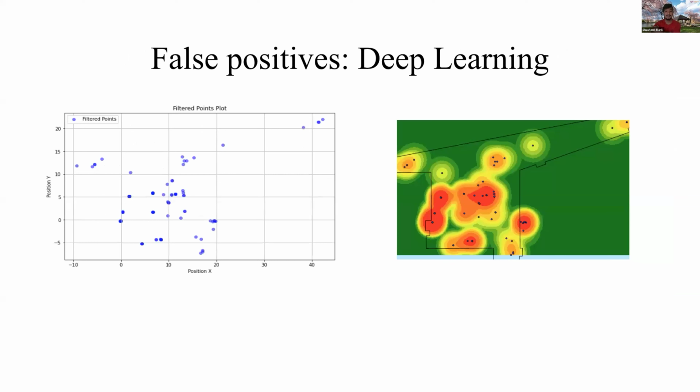So when I filtered everything that did not fall under it, these are the results of the deep learning. The deep learning made me feel optimistic about what I was trying to do, because I'm getting where the false positives are. I think this is the community table that is present. Some of these are near the furniture, and that's kind of what I was expecting.